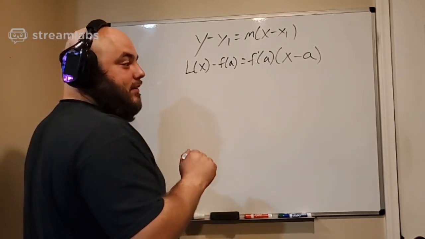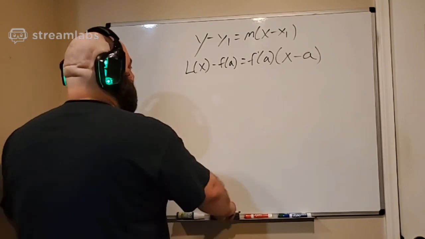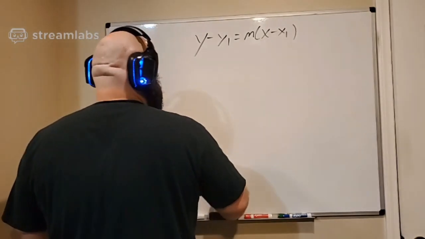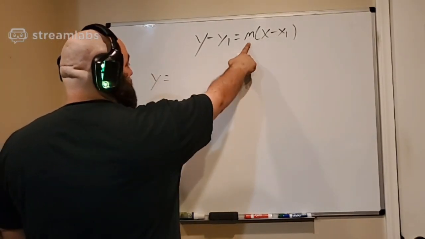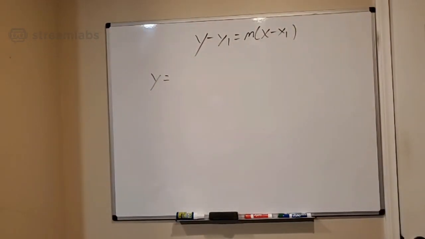Okay, we're not going to use the funny one, we're going to use the regular one. So y is our linear approximation. How do we find the slope of whatever function they called this? Take the derivative. We have to be careful because we have two functions, f of t and L of t.